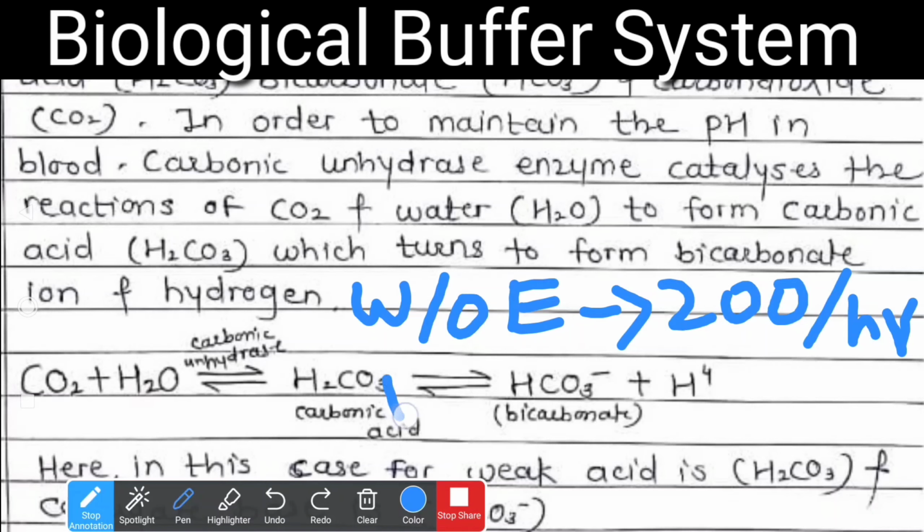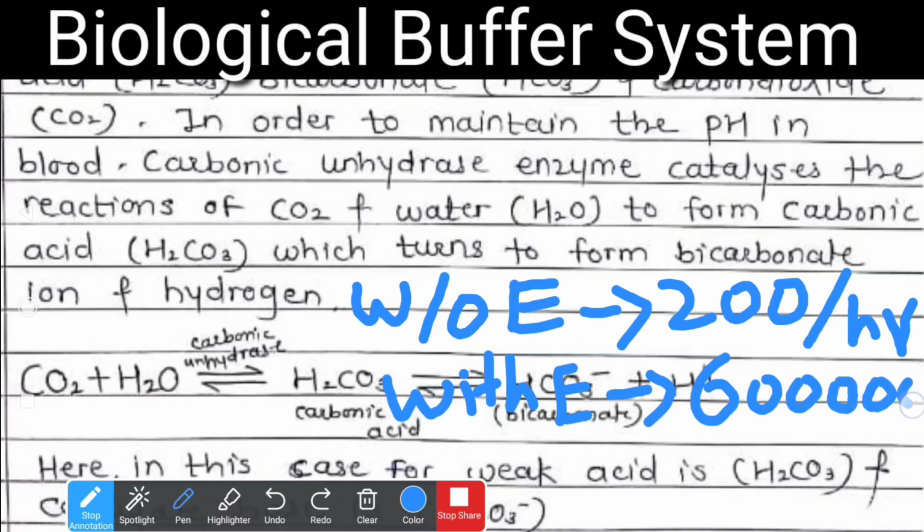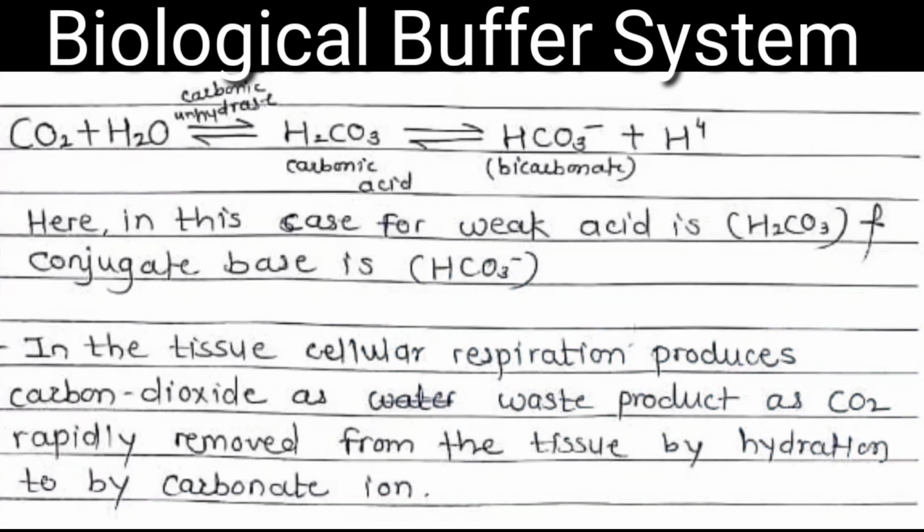With enzyme, there will be 600,000 molecules formed per second. Hopefully you can see the difference. So now you know how much the reaction is altered without and with the enzyme.